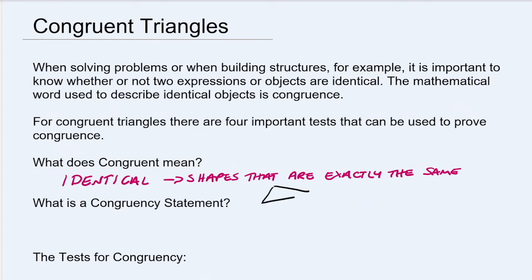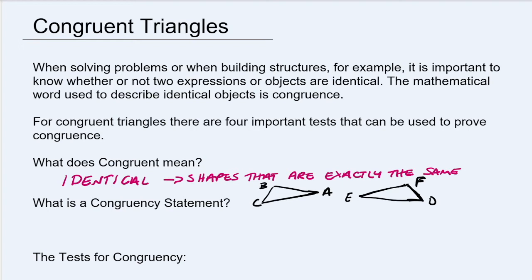Let's go ABC, and let's draw another one. Poorly drawn triangles there. Let's call this one D, put the F there and we'll put the E here. So it's DEF. And I want to say that these two triangles are congruent.